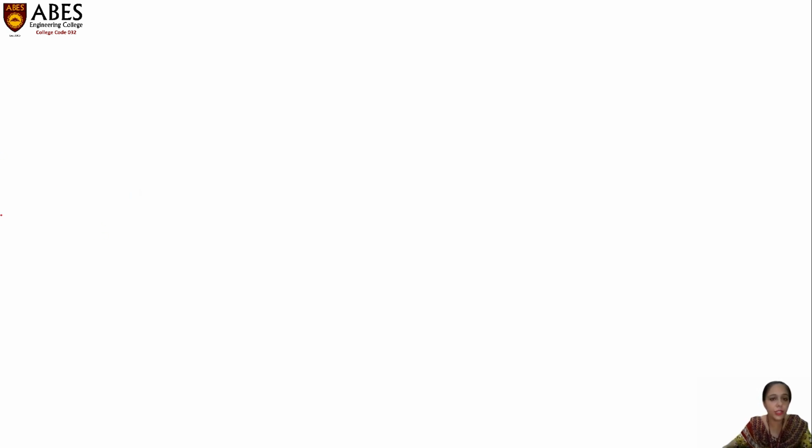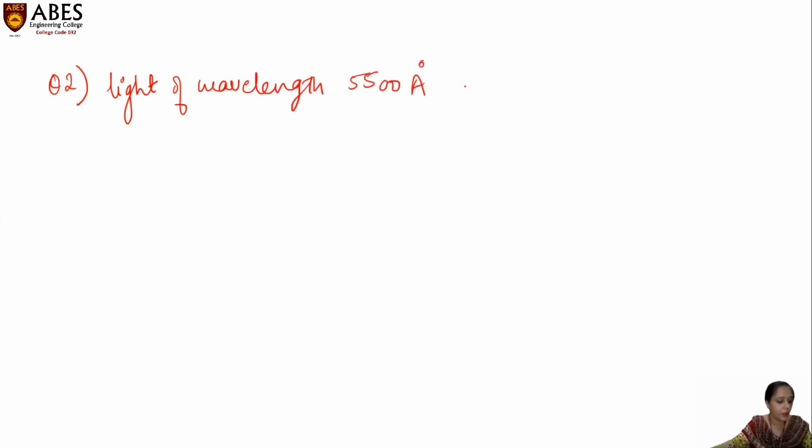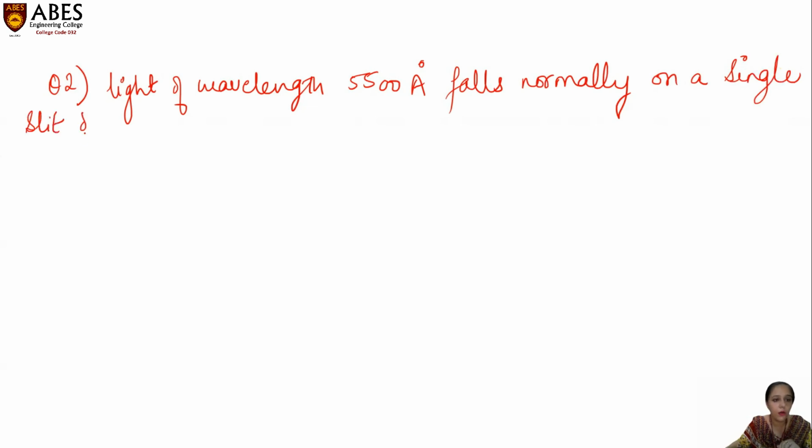Now, the next question, the second question. Light of wavelength 5500 angstrom falls normally on a single slit of width 22 into 10 raised to the power minus 5 centimeters.